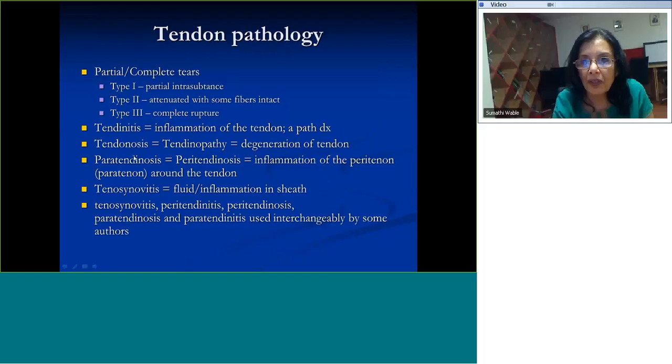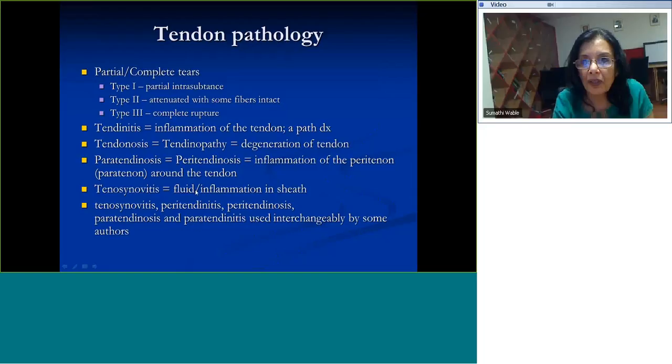We call intermediate signal or abnormal configuration of the tendon, such as thickening, tendinosis or tendinopathy, indicating degeneration of the tendon, typically a chronic process. And then typically the partial tears are type 1 and 2, type 3 denoting a complete rupture of the tendon.